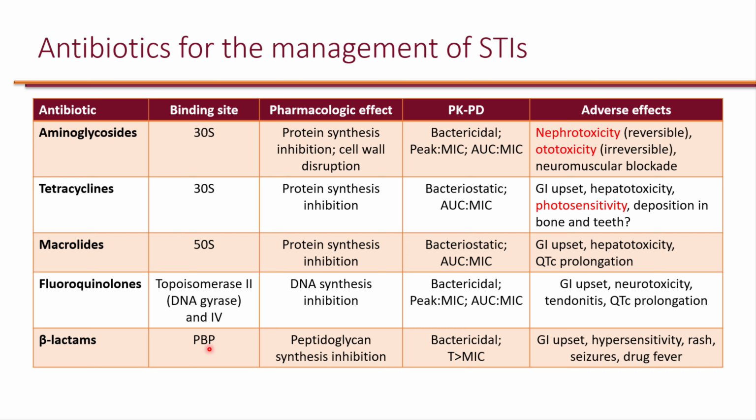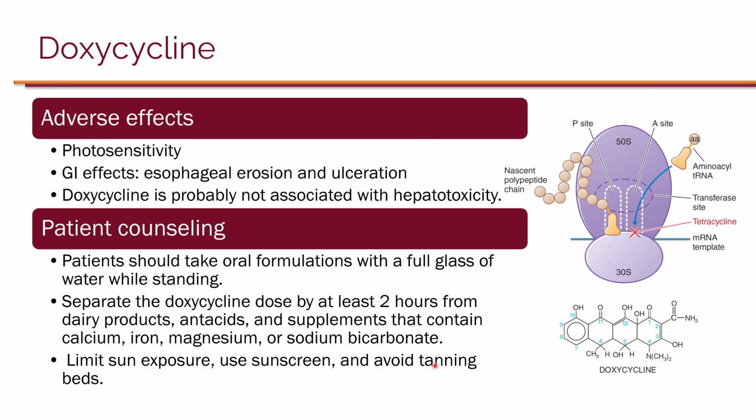Now, there are different types of penicillin binding proteins, so depending on which one beta lactams bind to, that's how you get different spectrums of activity for different beta lactams. In general, they are pretty well tolerated. You do get GI upset and hypersensitivity or rash. In high doses, you can get seizures, and drug fever is also a concern in general, but very rare. Now let's take a closer look at doxycycline.